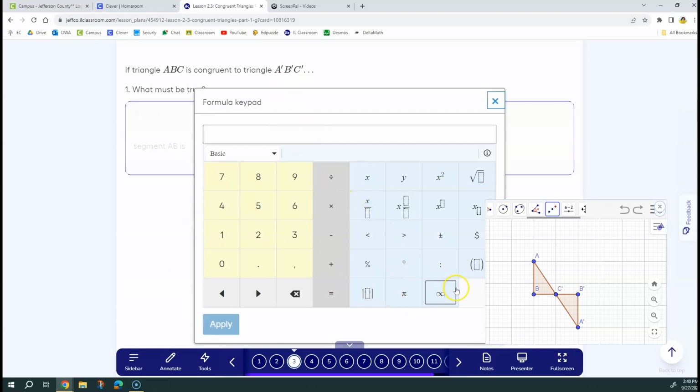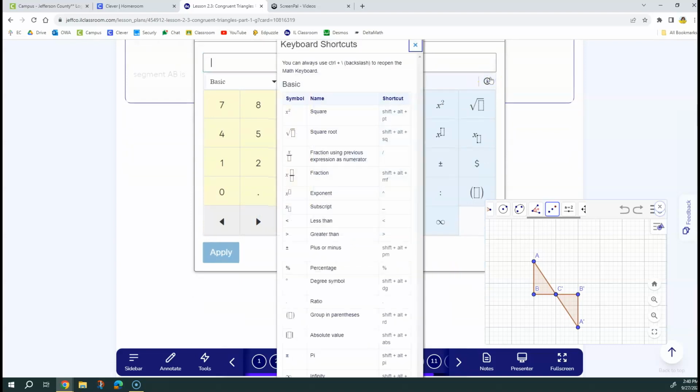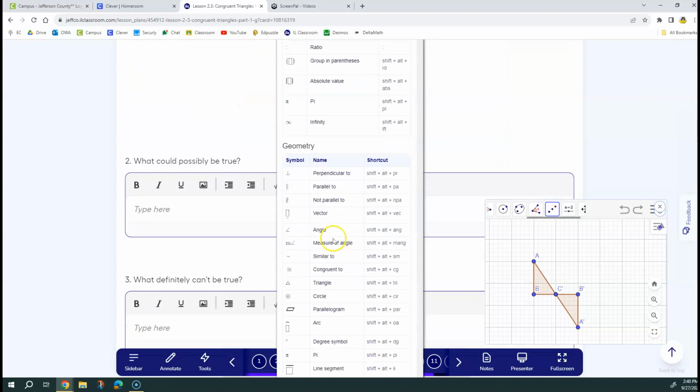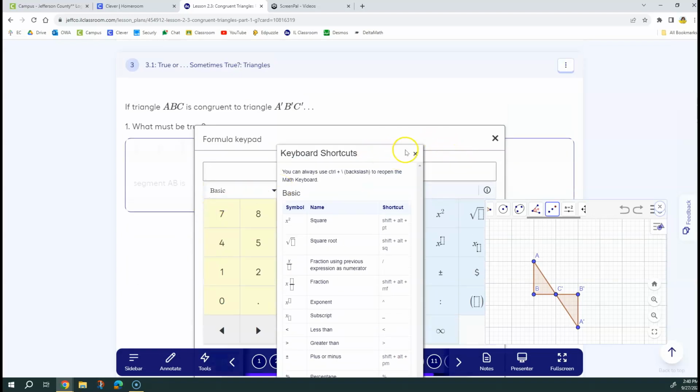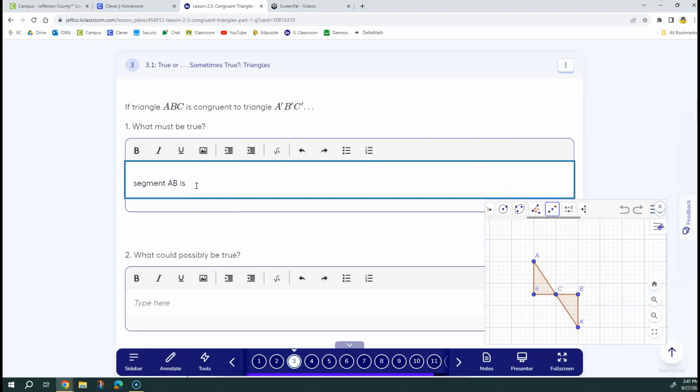Ooh, there's equal to. Oh, there's a bunch of geometry terms. Heck yes. Shift Alt CG. Okay, I'll try it. I like to press buttons. That's what I do. Okay, that did not work. All right, we'll just go back. Is congruent to A prime, B prime.